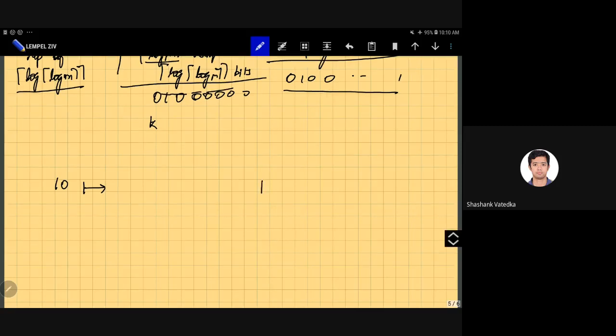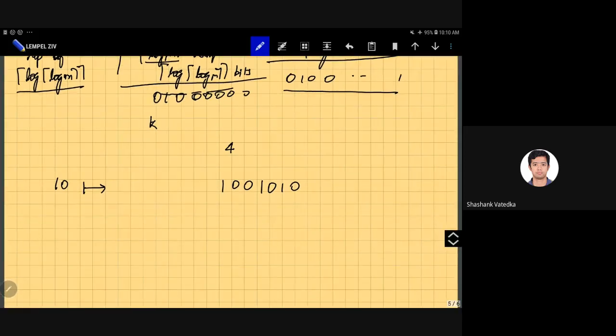Now, what is ceil of log m in this case? It is 4. So 4 bits are needed to represent m in binary. So what is the encoding of 4? It's 100, and this requires 3 bits.